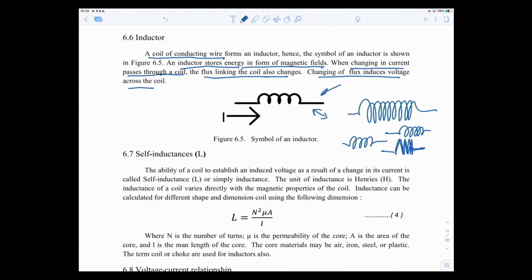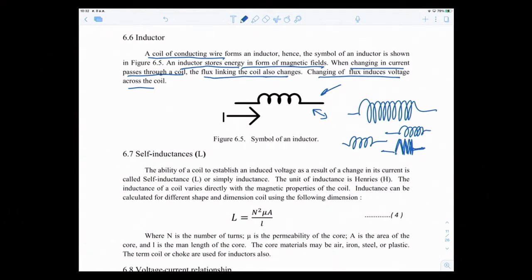So, what about L? The letter L stands for self-inductance. There's another one, capital M, which is mutual inductance. You're not learning that in this Circuit 1 course; I believe it's in Circuit 2.